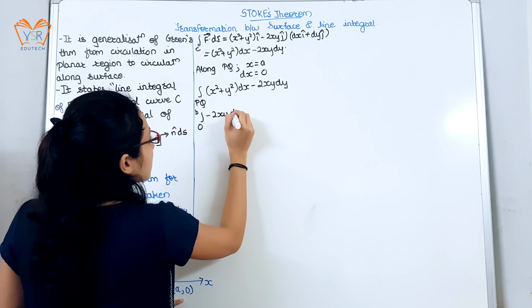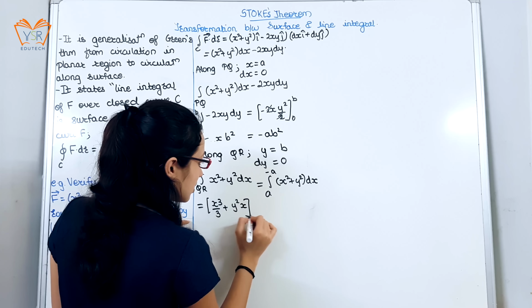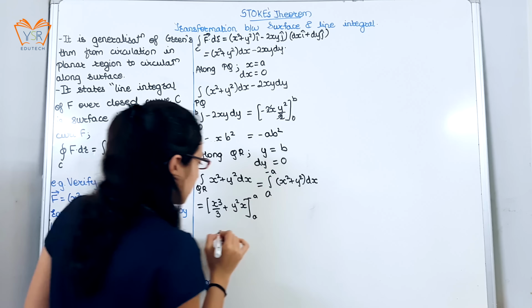We'll substitute the limits, those are a to minus a, the integral of (x square plus y square) dx. Find the integration: x cube divided by 3 plus y square x, limits a to minus a.